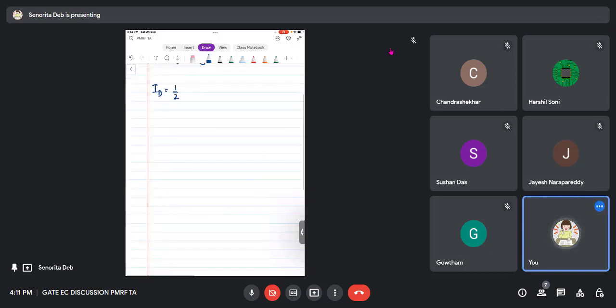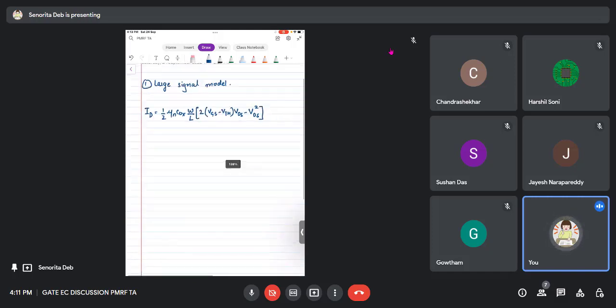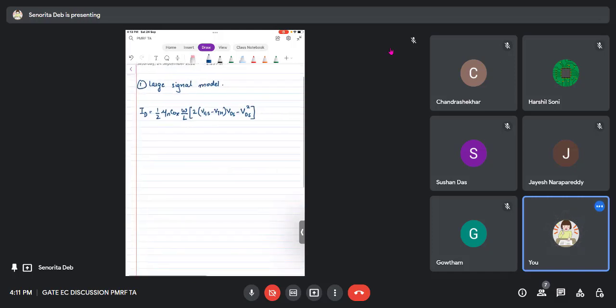So we saw the formula ID equals half mu n COX W by L, 2 times VGS minus VTH into VDS minus VDS square. Okay. This was one formula that we had seen, in the triode region.